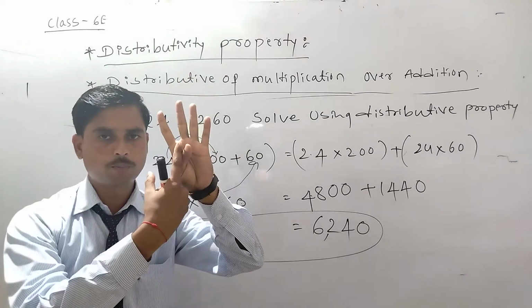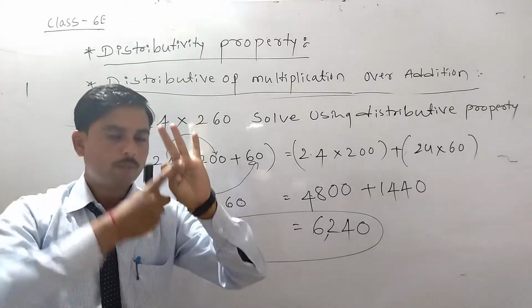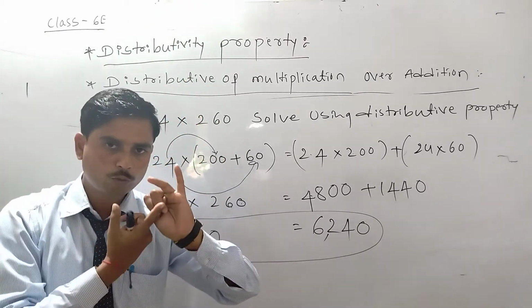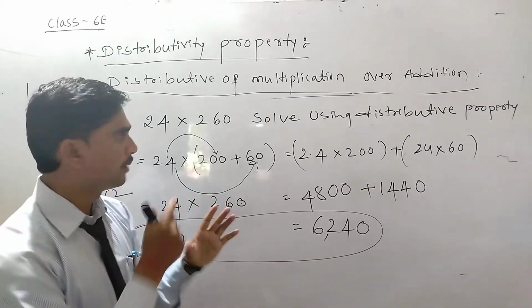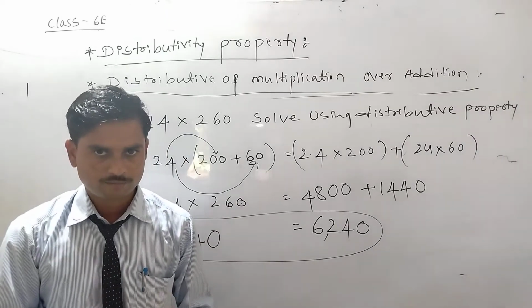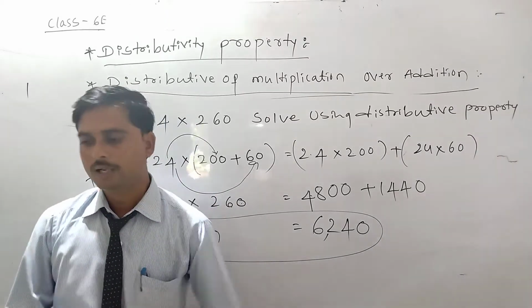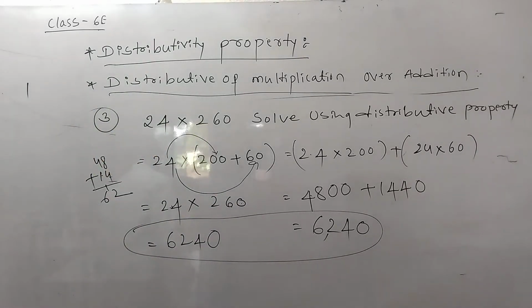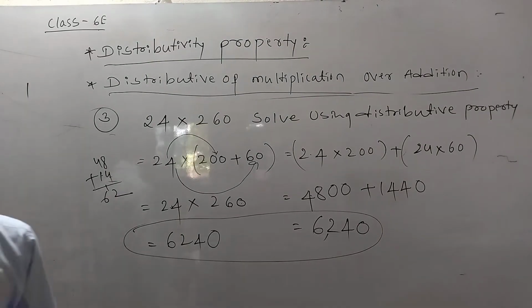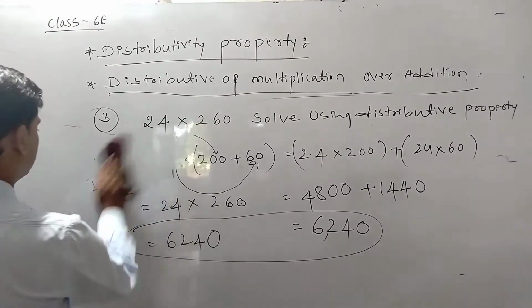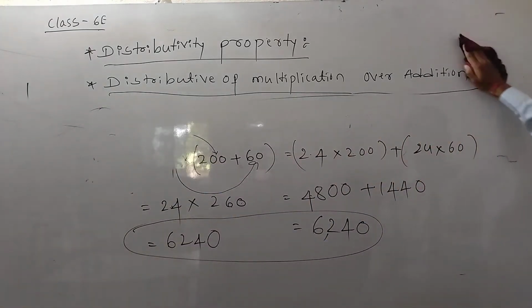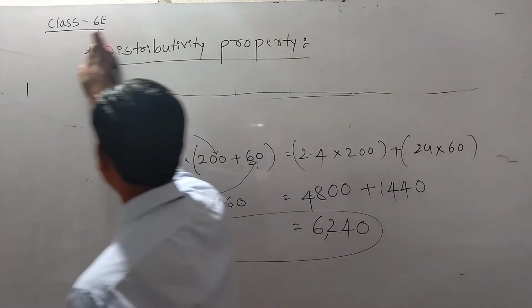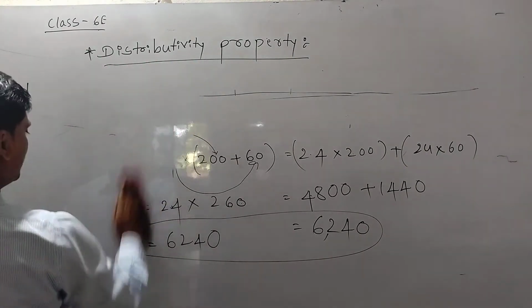One is closure property, commutative property, associative property, distributive property. Because these are called multiplication with the addition, both are there. Okay. Then next we are going to discuss. All properties you should write down. Okay, it is very important.